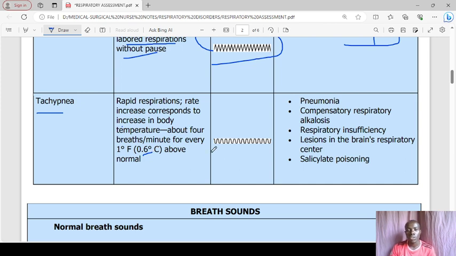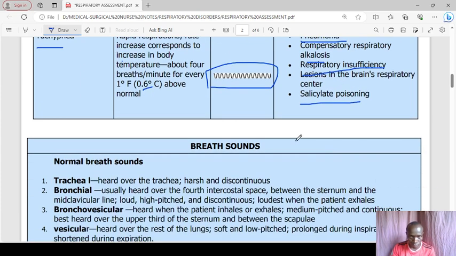All right, so this is how it's going to appear, very rapid. It's found in pneumonia, compensatory respiratory alkalosis, respiratory insufficiency, when we have lesions in the brain stem, in the brain respiratory center, and also salicylate poisoning. It causes tachypnea.